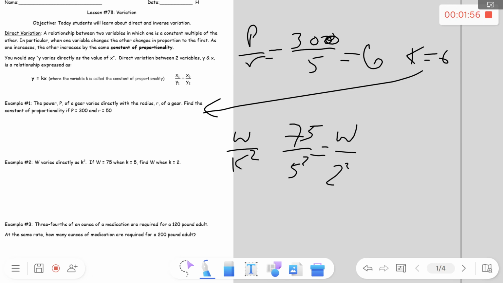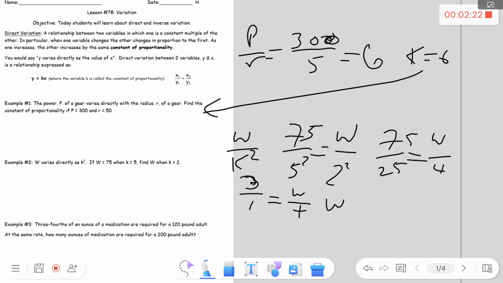So what you got here is 75 over 25, and you have k is 2, so that's going to be a 4, and this is W. So really what you have is 3 over 1, which is equal to something over 4. You cross multiply and you get that W here will be 12. So that's example number 2.